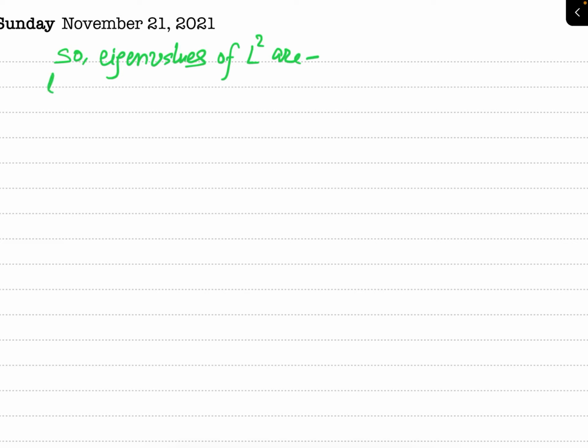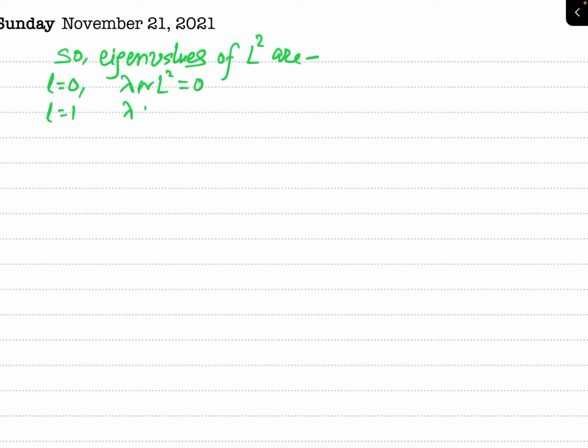What will be the eigenvalue? When we put L equal to 0, lambda, or L square, will be equal to 0.